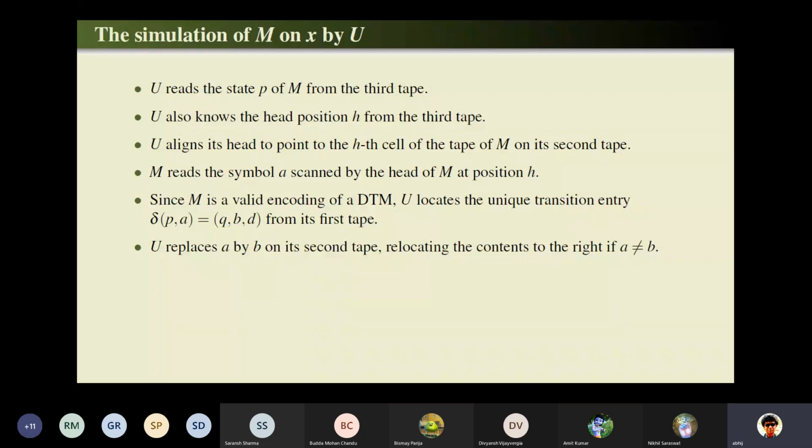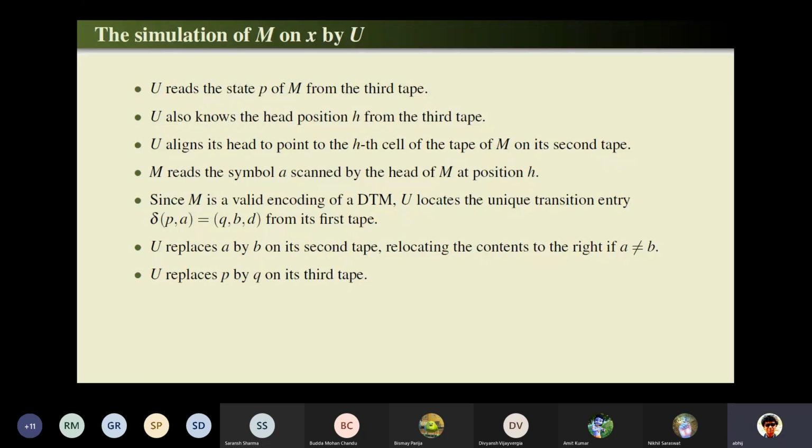On the second step, that means you may have to relocate everything because 0 power A and 0 power B may be of different length. If A is not equal to B, they must be of different length. So everything to the right may need to be relocated by the difference A minus B or B minus A, whatever is relevant. Likewise, you replace P by Q on the third step.